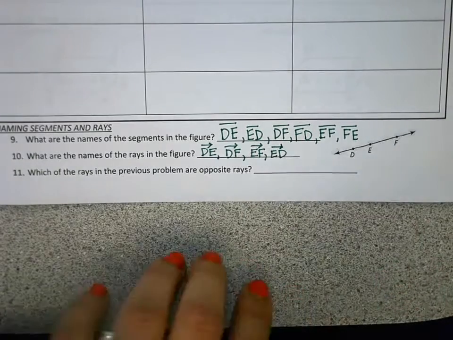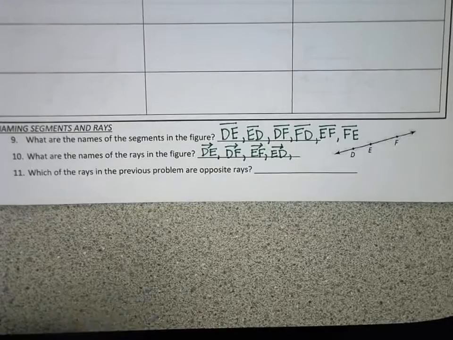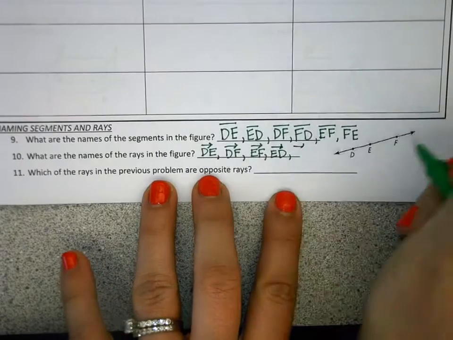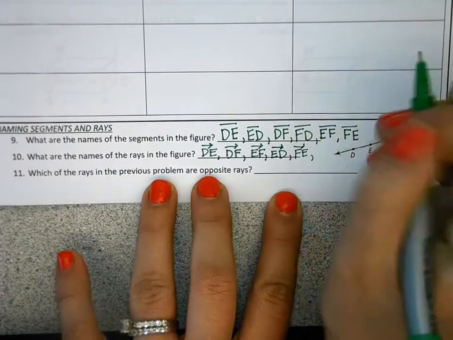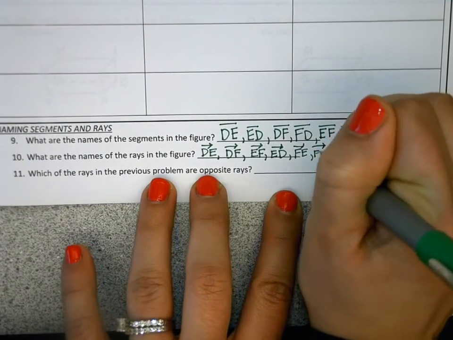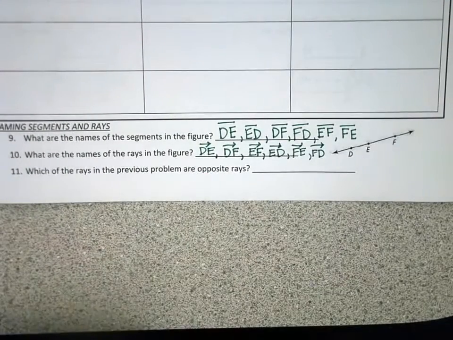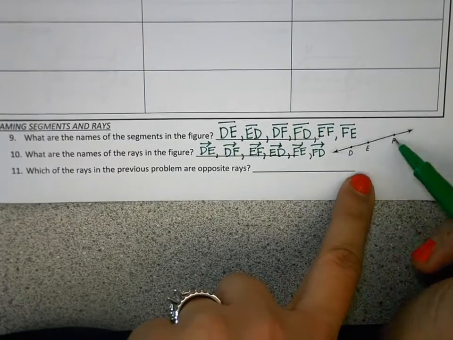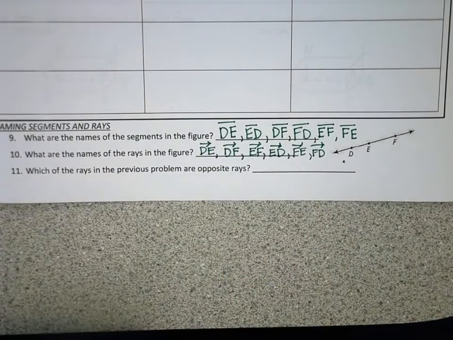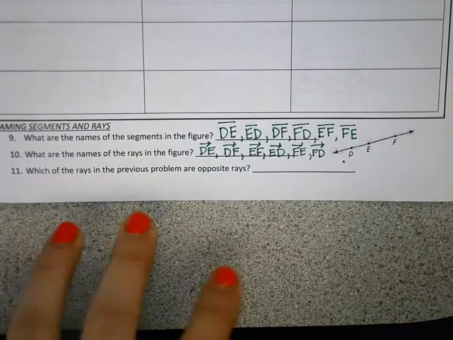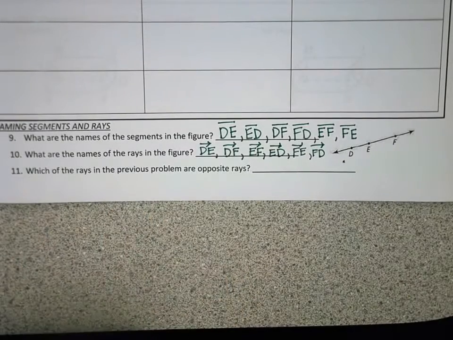And there are two rays using F as an endpoint, ray FE and ray FD. Ray FE and ray FD are the same ray, we're just naming it using different points, and the same thing with DE and DF. It's really the same ray, we're just using a different point to name it.